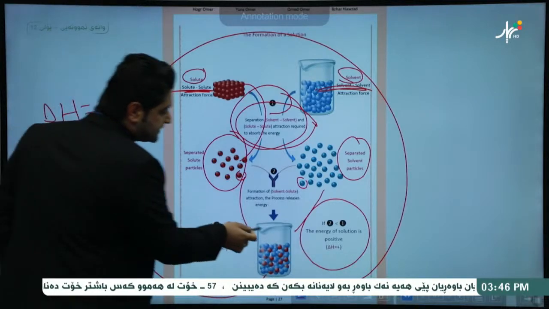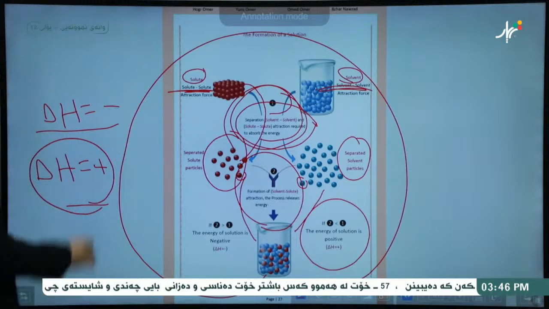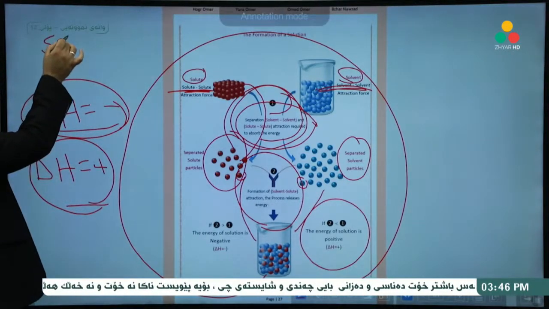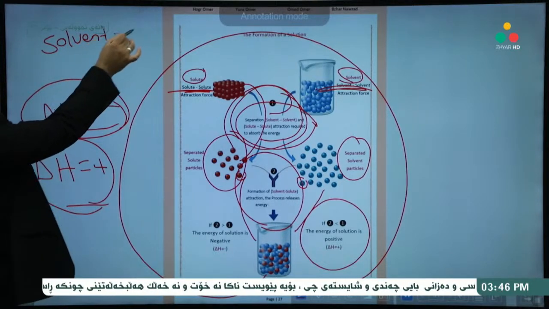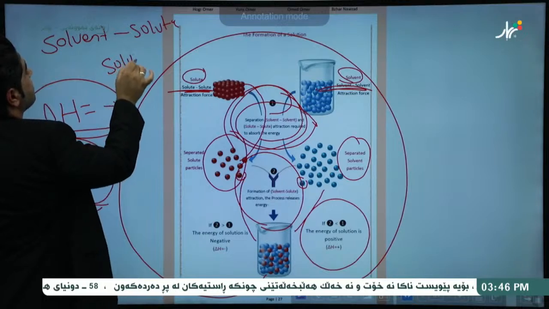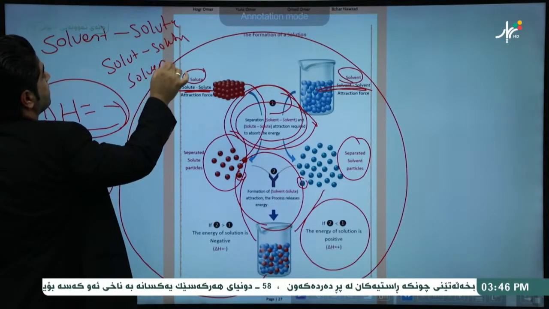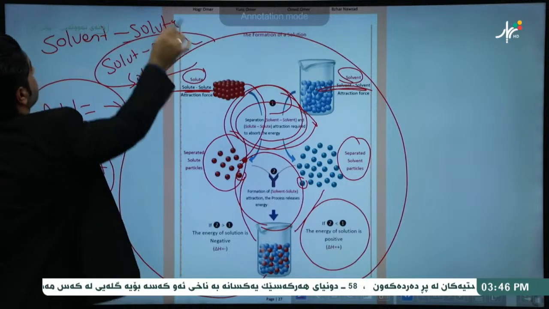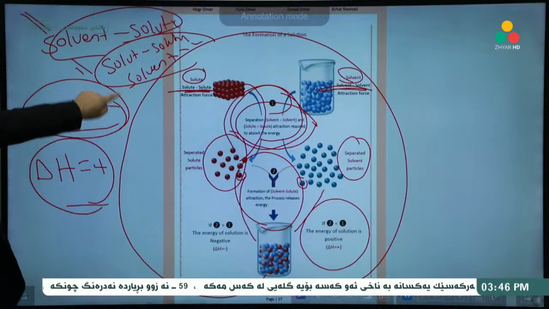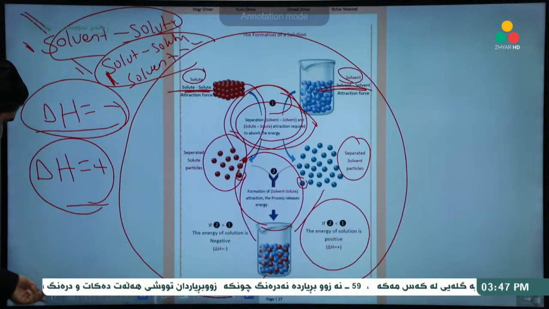But if the energy of step 2 is bigger than step 1, the overall process will be exothermic. It means if the solute-solvent bonding energy is bigger than the separation energy, it will be exothermic. But if the separation energy is bigger, it will be endothermic. Simply.